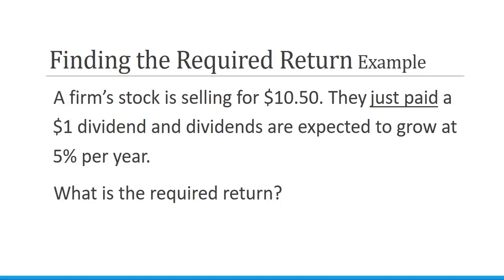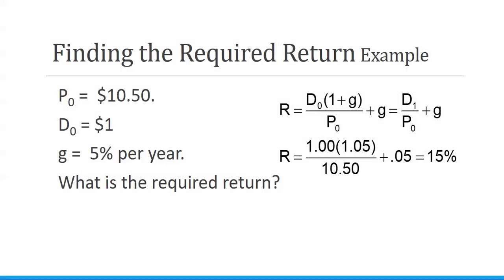We're trying to find the required return. A firm's stock is selling for $10.50. They just paid a $1 dividend, and dividends are expected to grow at 5% per year. So what is our required rate of return? We have a price of $10.50. Our dividend was $1, and our constant growth is 5% each year.